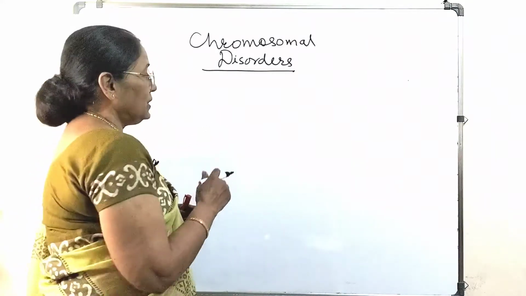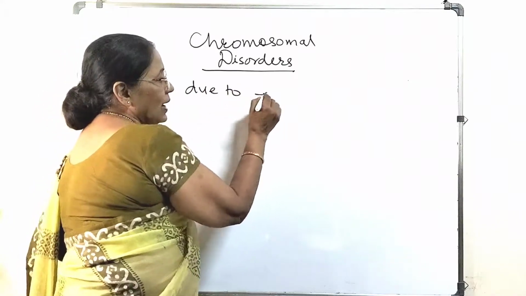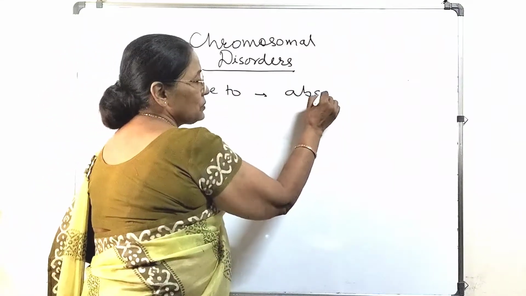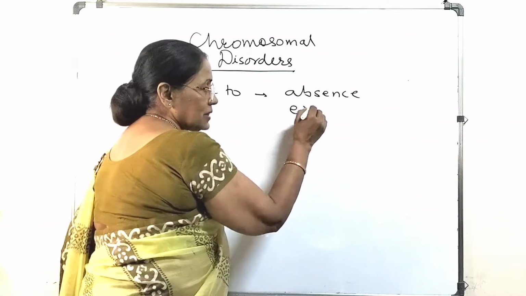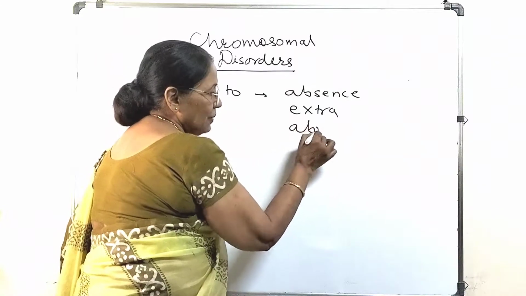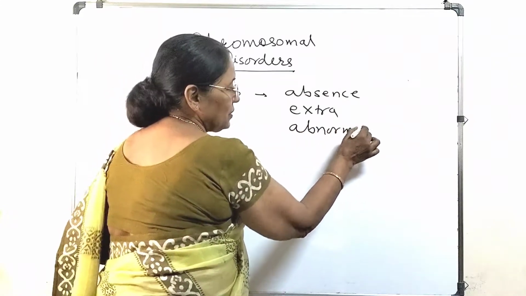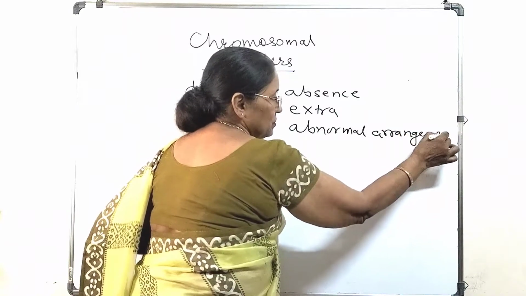These chromosomal disorders occur due to either absence of some chromosome, or an extra chromosome, or some abnormal arrangement of the chromosome.